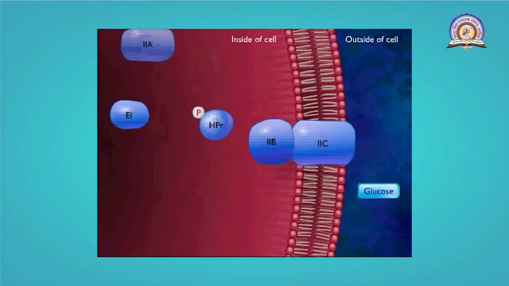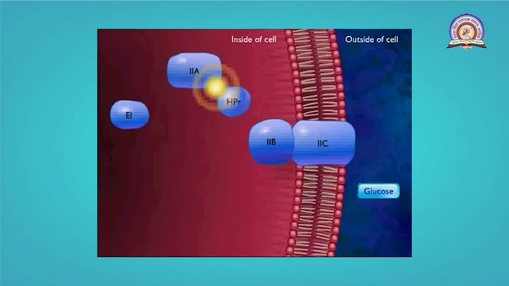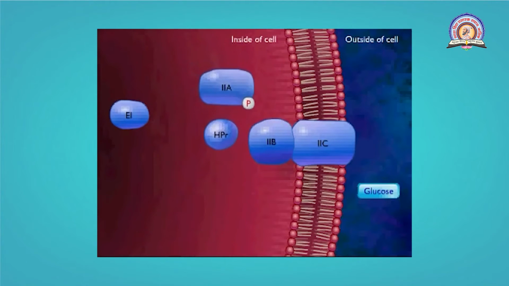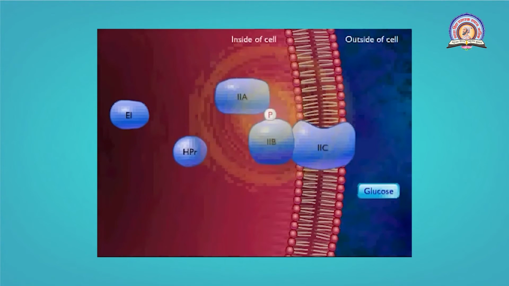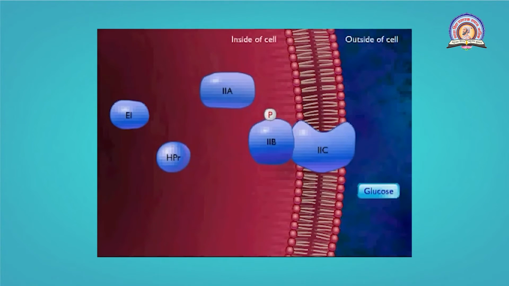The phosphate is then transferred from HPr to enzyme 2B by enzyme 2A. The membrane-bound enzyme 2C then carries the glucose across the membrane, and the glucose becomes phosphorylated as it enters the cell.